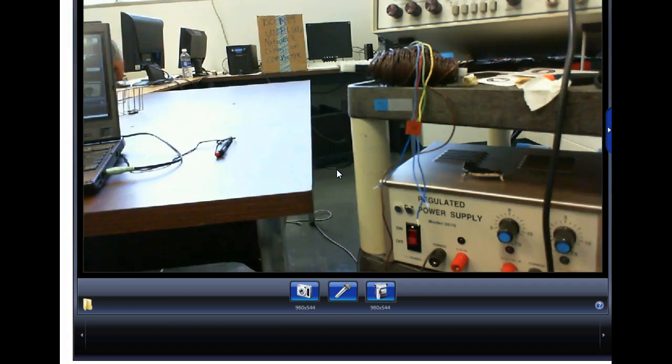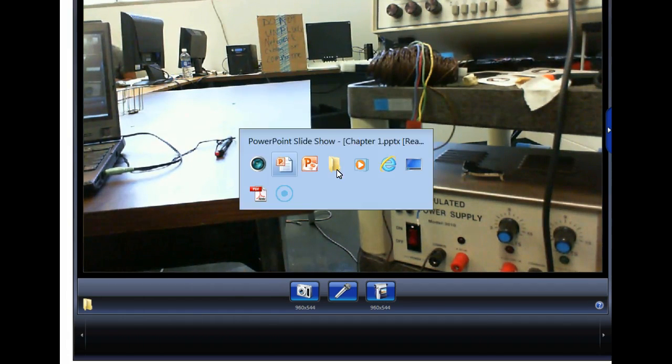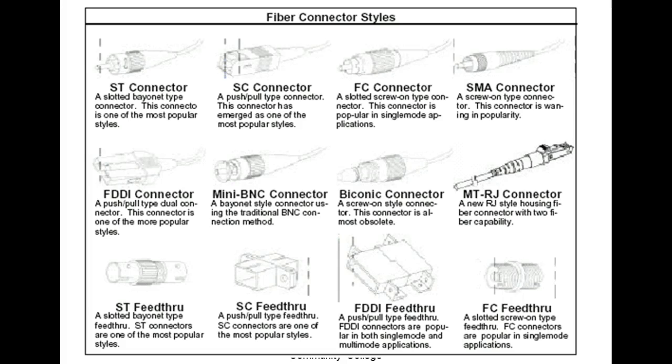Here goes Swiss. What did I do about their end cap? Oh, there it is. So what you're seeing there is what we call an ST feed-through. We have an SC feed-through. I think there's one inside here too.